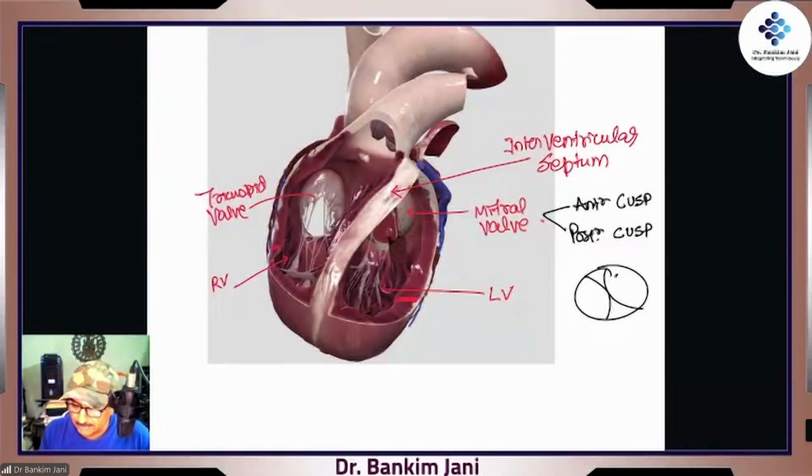So they are called the cusp. And in the case of the tricuspid, one would be the septal, right? So in the same way, one is anterior, second is posterior, and the third one, which is near the septum, is called the septal.